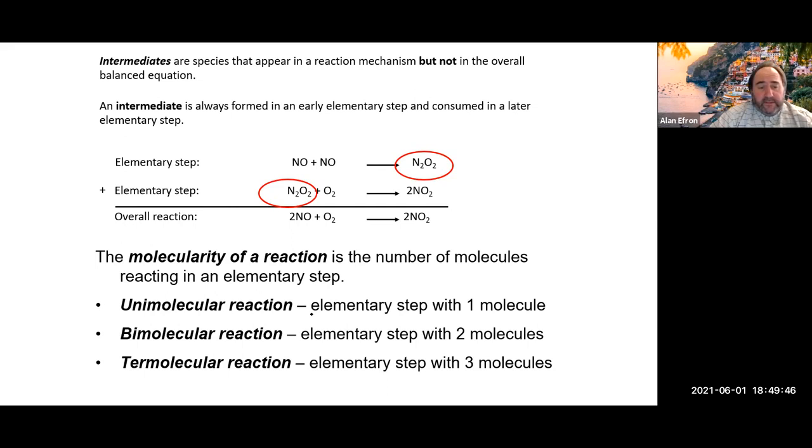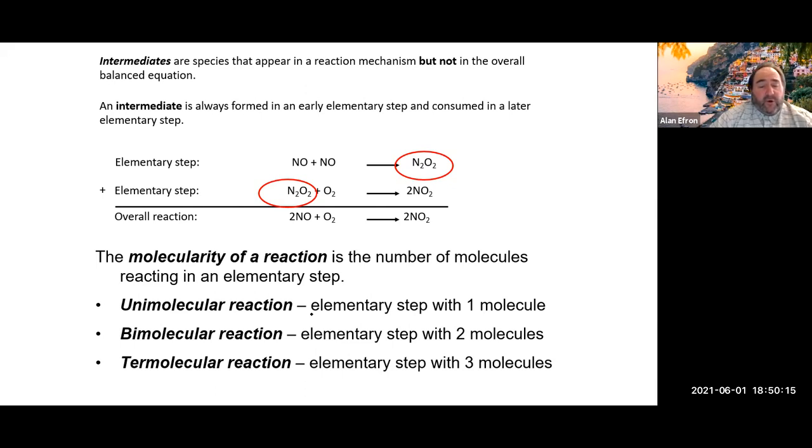So when you look at mechanism problems, you'll sometimes see things that cancel out but do not cancel out completely, and they're still there at the end of the reaction. Although they cancel out a little bit, because they did not cancel out completely, they are not considered intermediates. They have to cancel out pretty much completely for that to be the case. So here again, our N2O2 cancels out completely, which makes it an intermediate.